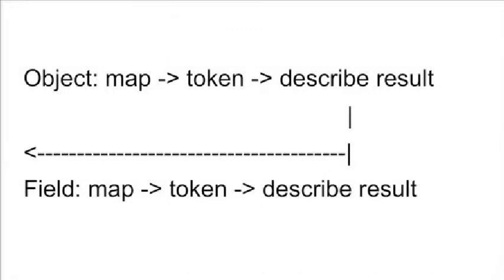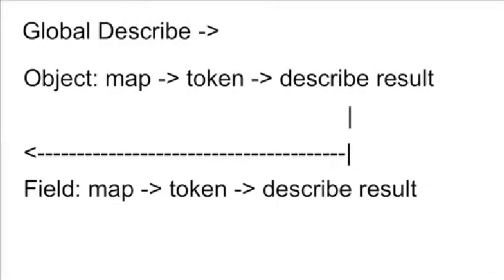So that's the way it works. Using the global describe, we get the map of all of the objects, then the tokens, then the describe results, of which we can obtain a map of all the fields, and so on.